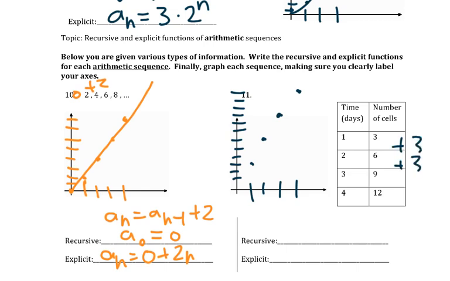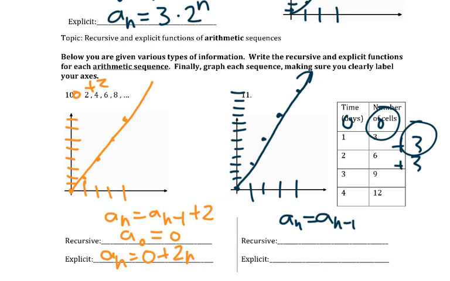So going backward, we'd have 0, 0. So it looks something like that. So starting 0, growth 3, a sub n equals a sub n minus 1 plus 3, a sub 0 equals 0. Explicit, a sub n equals 0 plus 3 times n.